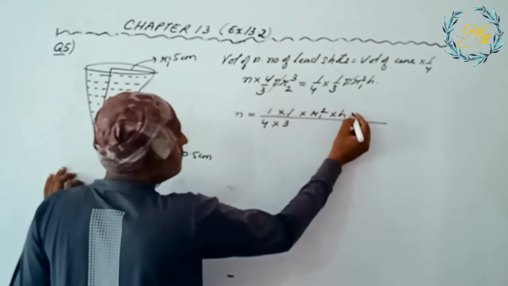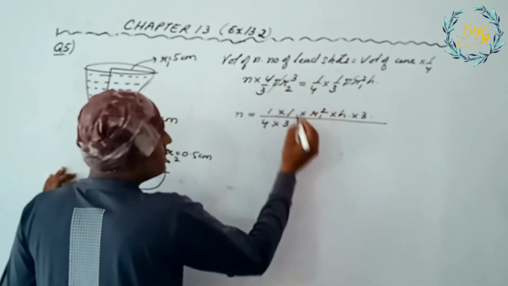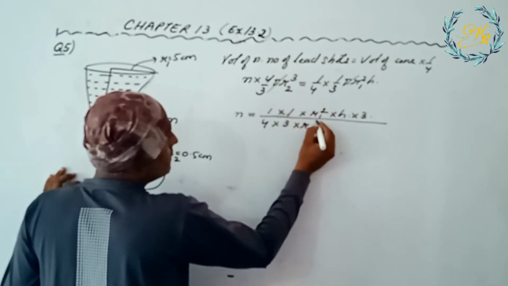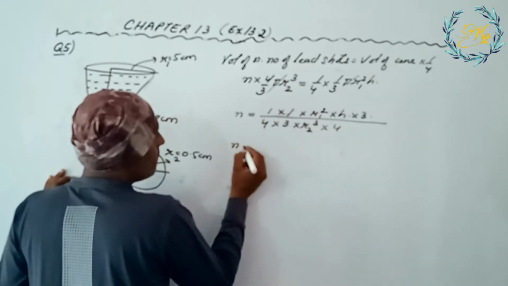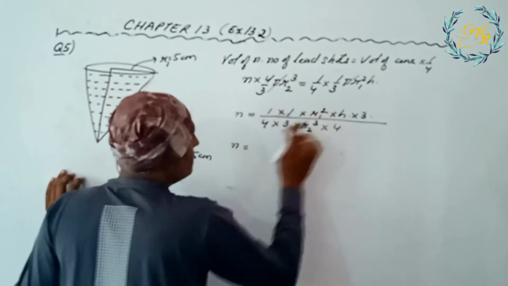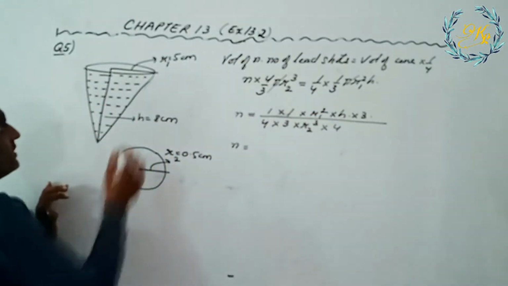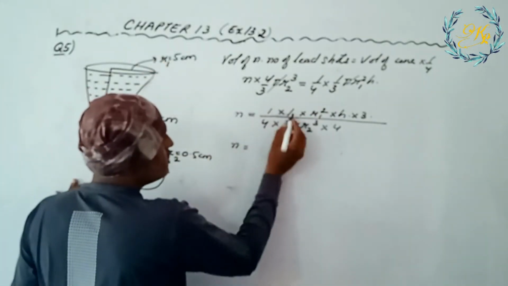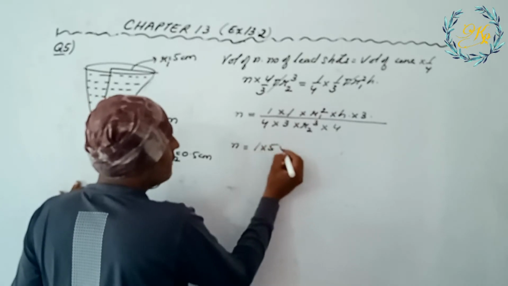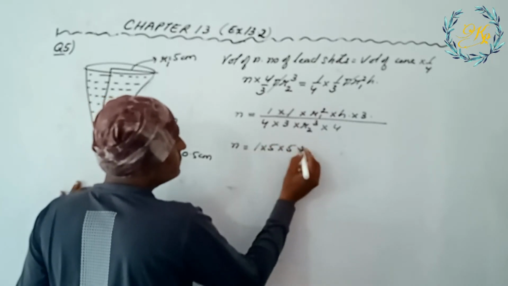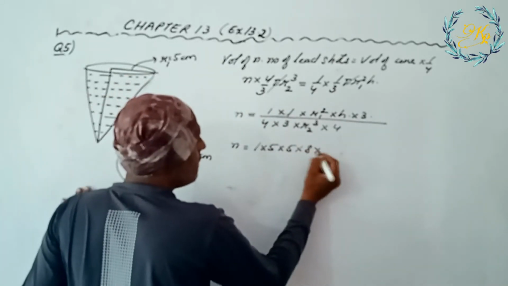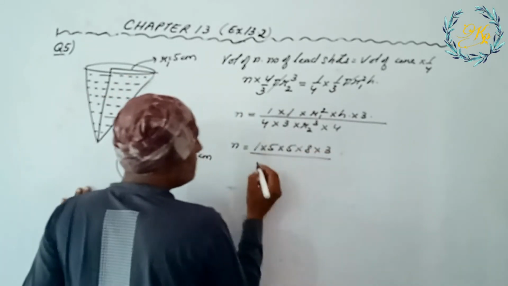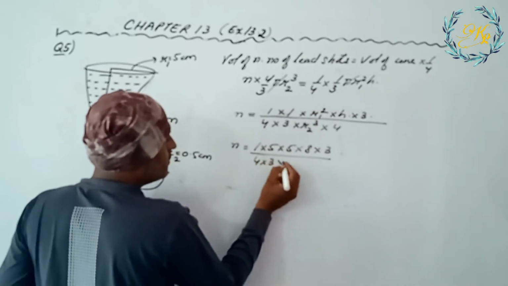Now this 3 will move on top, this r2 cube will move at the bottom, and 4 at the bottom. Now let's replace the values. You can see r1 is 5, so you get 5 into 5. The height of the cone is 8 into 3 upon 4 into 3.